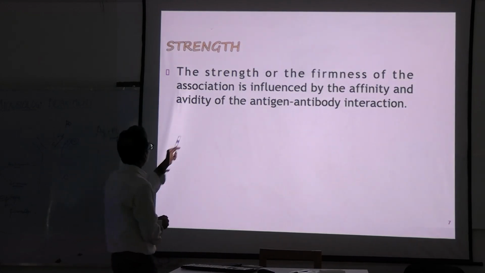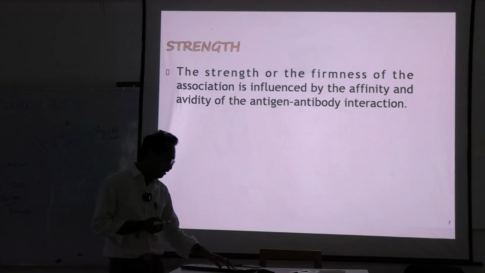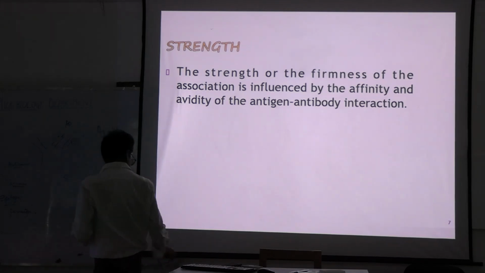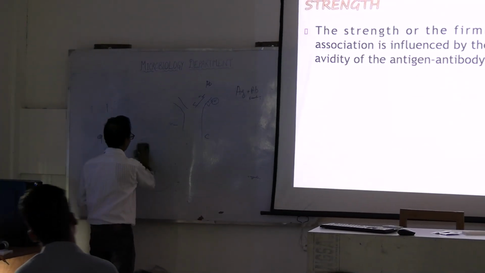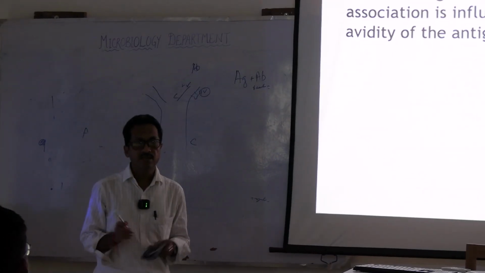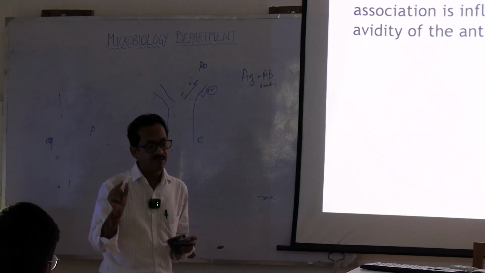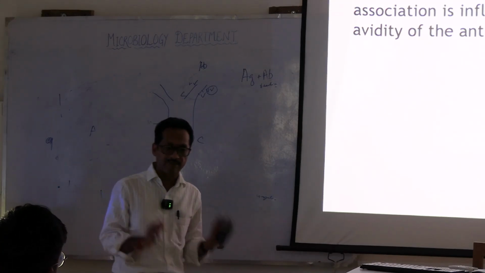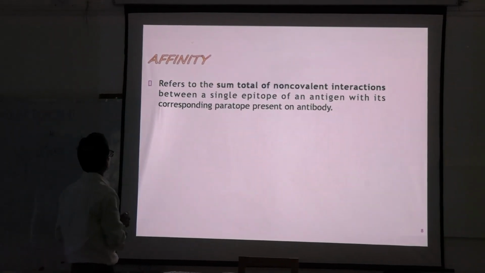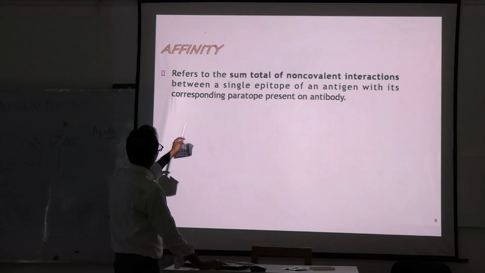Strength: what is affinity and avidity? There is a difference between affinity and avidity. Affinity is the strength of a single epitope attaching with its paratope, the sum total of the interaction between a single epitope of an antigen and its corresponding paratope.